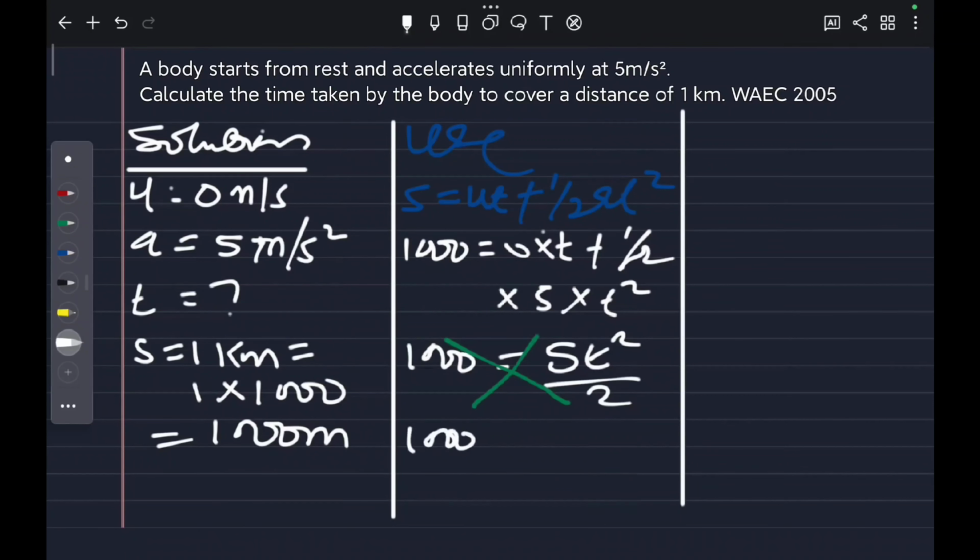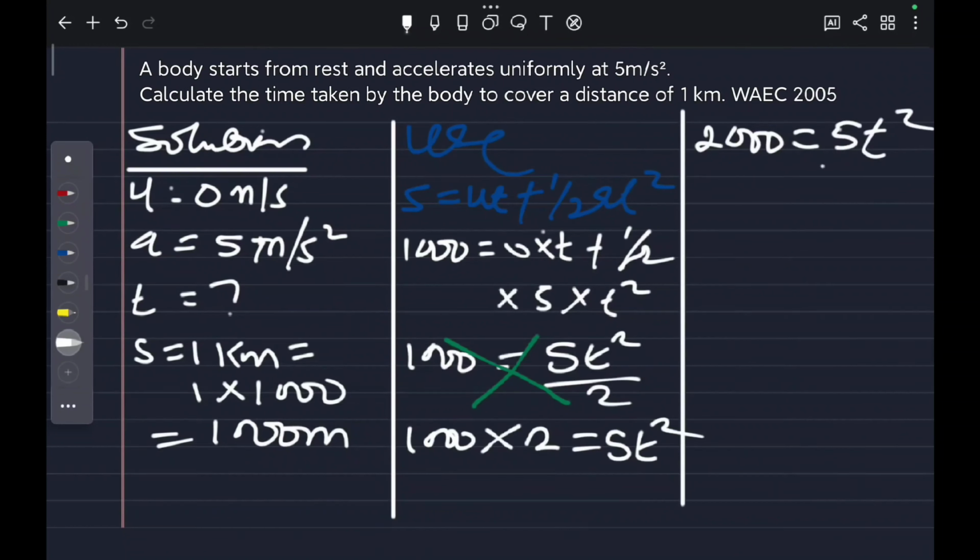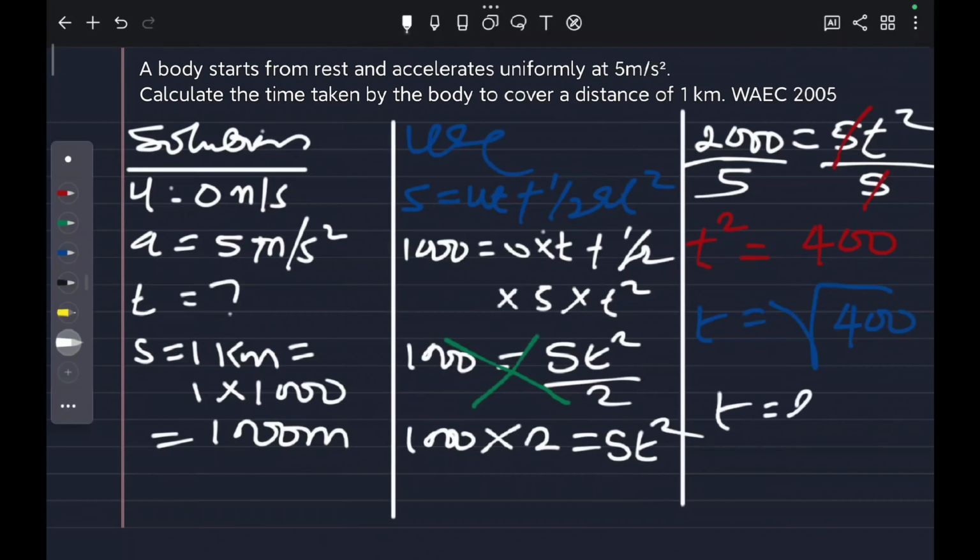When you cross multiply, 1,000 multiplied by 2 is equal to 5T squared. So that 2,000 is equal to 5T squared. Divide through by 5, you have T squared equal to 2,000 divided by 5. So that T squared is equal to 400. The square root of 400 will give you 20 seconds.